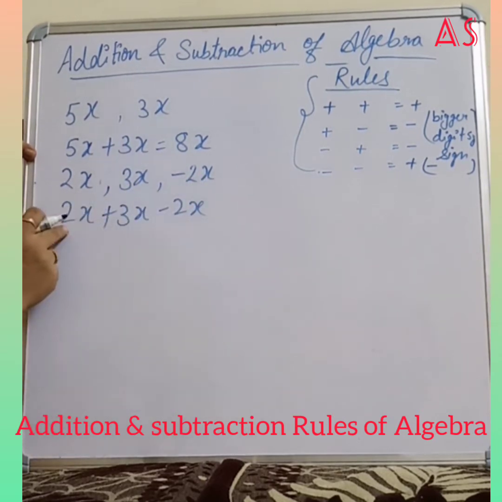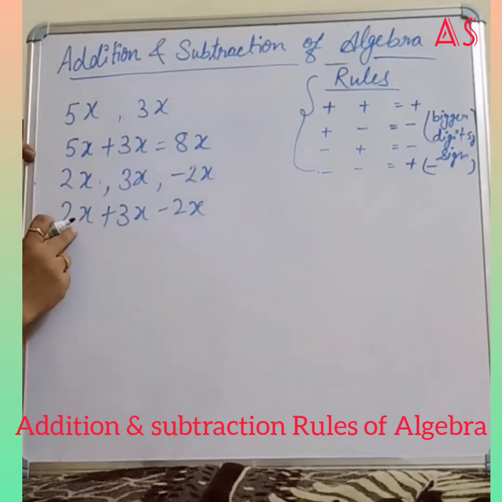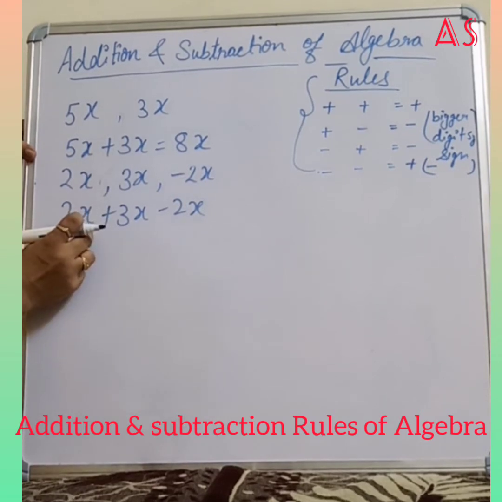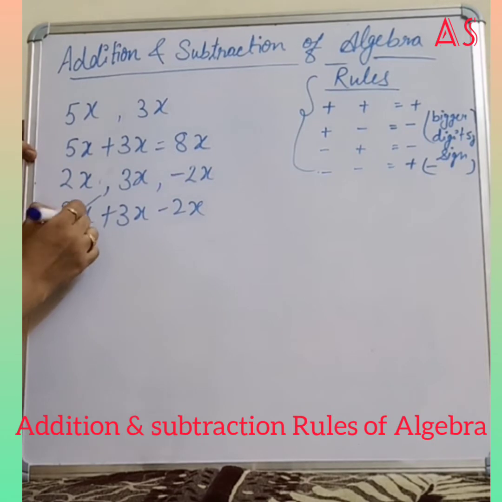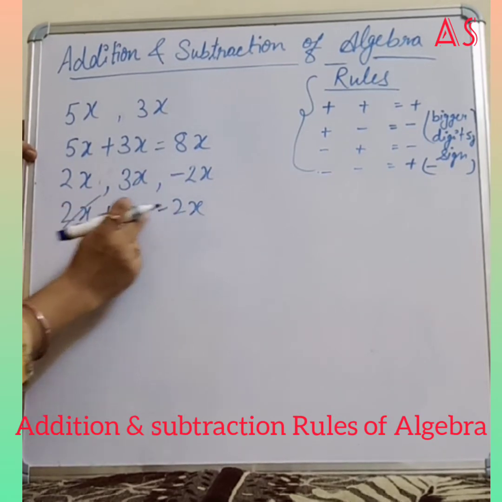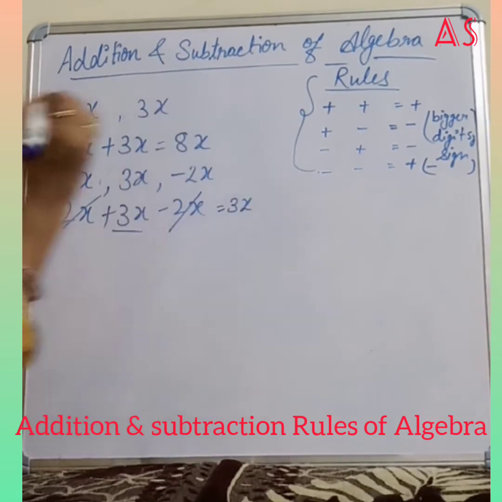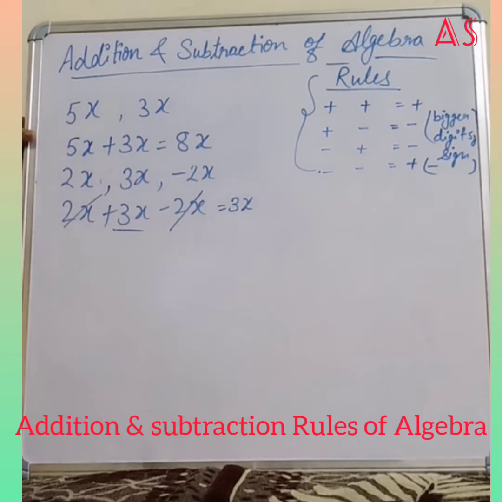So 3 plus 2 is 5, 5 minus 3 is 2. And I told you, in algebra, like variables with opposite sign always cancel. This is 2x, this is minus 2x. So like variables with opposite sign always cancel. So the answer is 3x. This way also we will solve. And the other method: 2 plus 3 is 5, 5 minus 2 is 3.